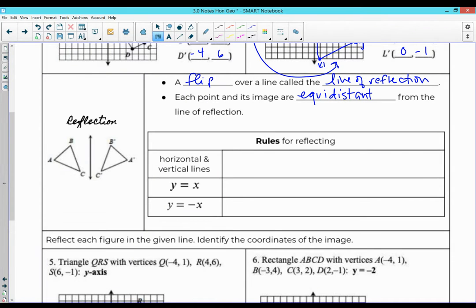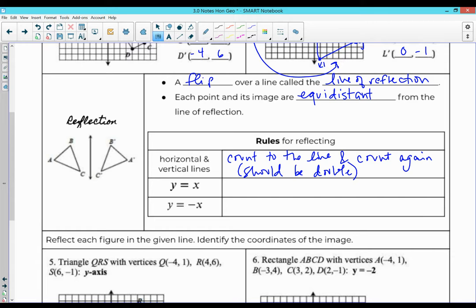So the rules for reflecting over horizontal and vertical lines: we count to the line and count again. It should be double. We'll talk about what that means.